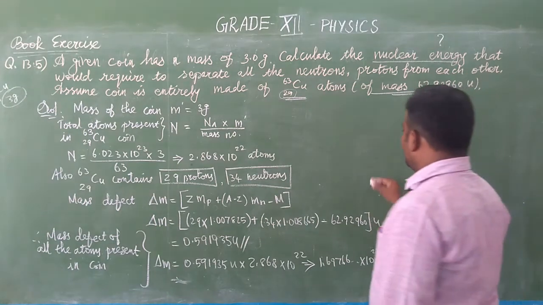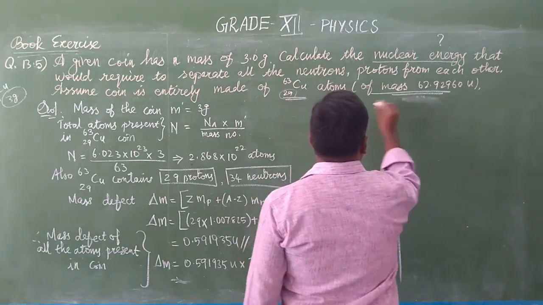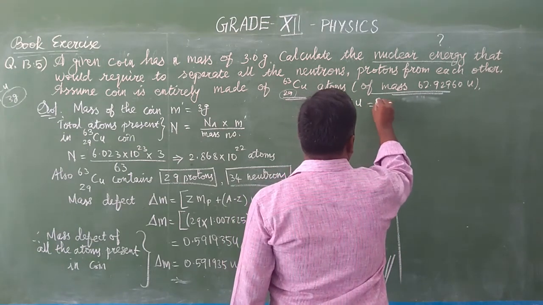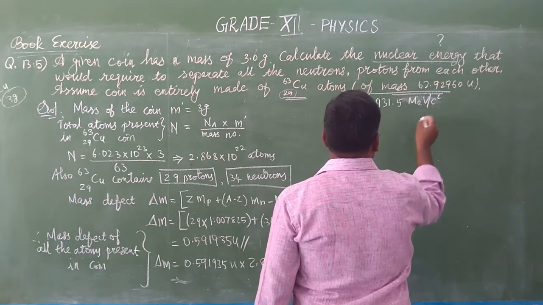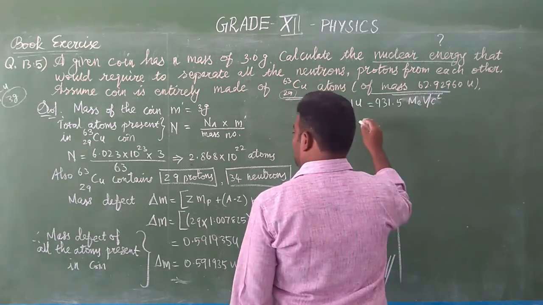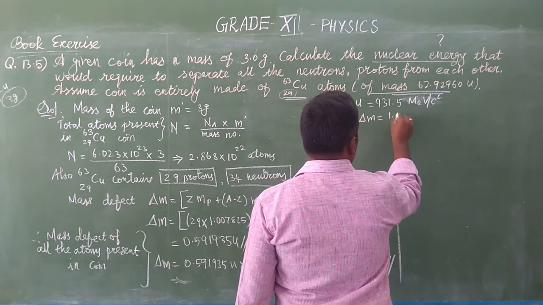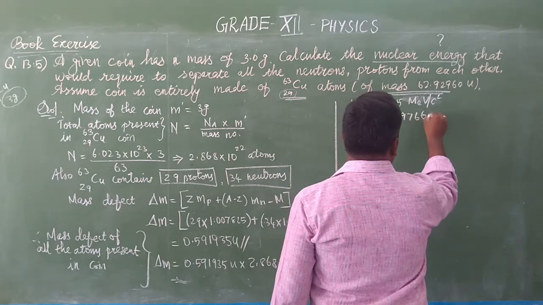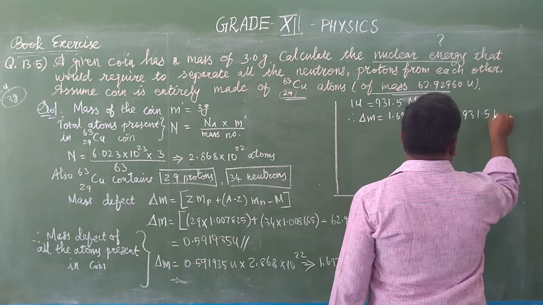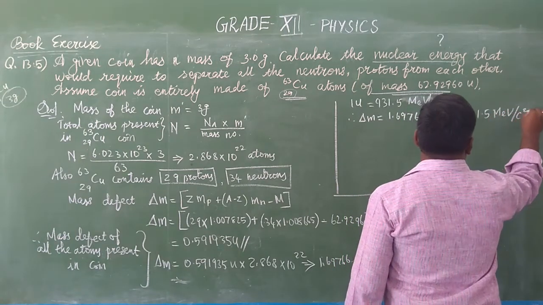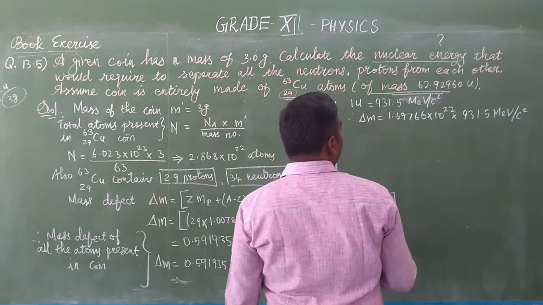Okay, so we know already 1 unit is equal to 931.5 mega electron volt by c square. So for the mass defect of all the atoms present in the coin, therefore delta M is equal to 1.69766 into 10 to the power 22 into 931.5 mega electron volt by square of the speed of light. So we need to find the nuclear energy, no?